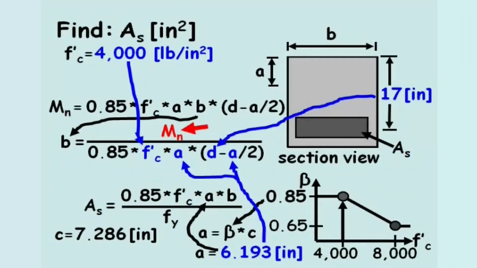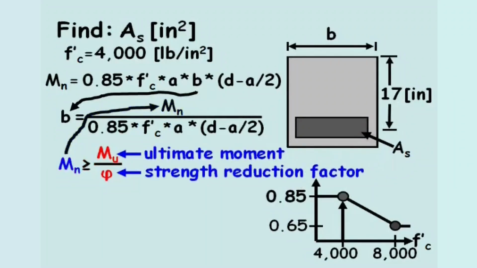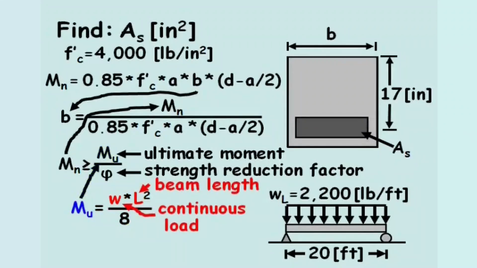In concrete design, the nominal moment shall be at least the ultimate moment, Mu, divided by the strength reduction factor, phi. The ultimate moment for a simply supported beam with a continuous load equals the continuous load, W, times the length of the beam squared divided by 8.